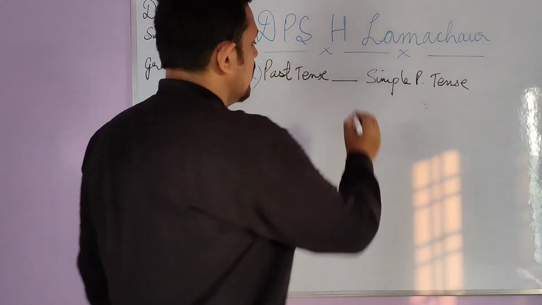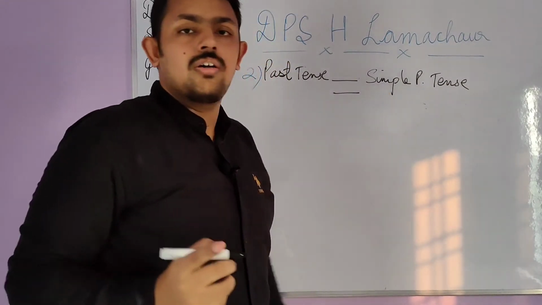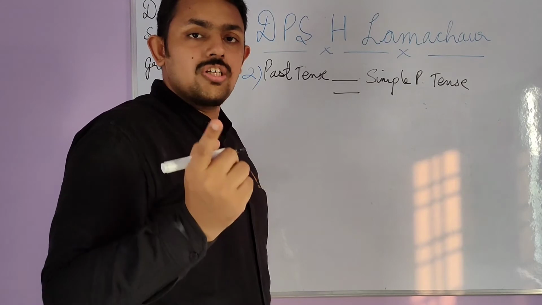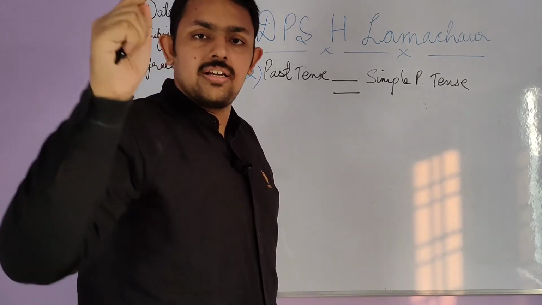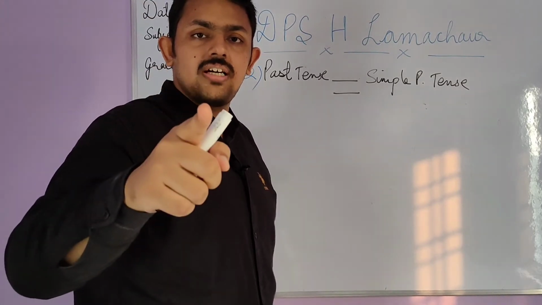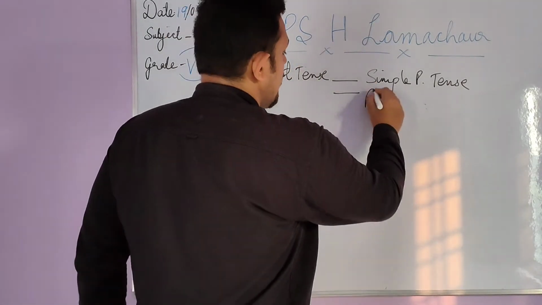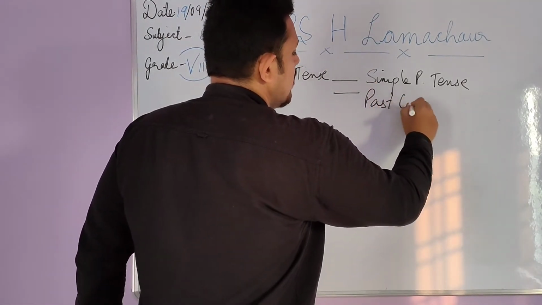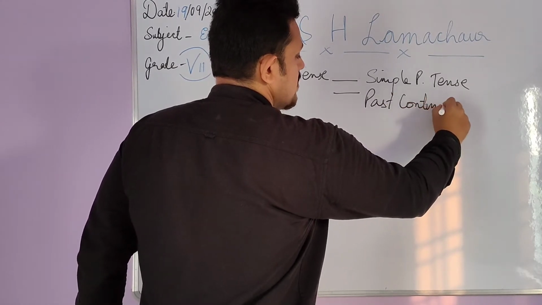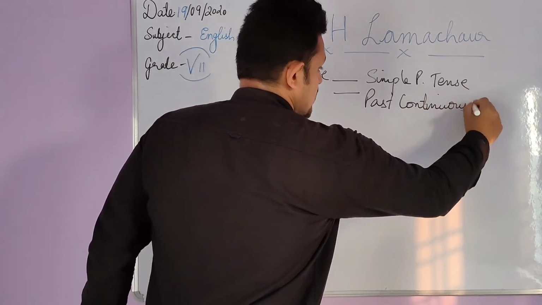Secondly, we will have the what? You will tell me. What is your answer? Think about it and reply right now. Yes, you are right. Secondly, we will have the past continuous tense.